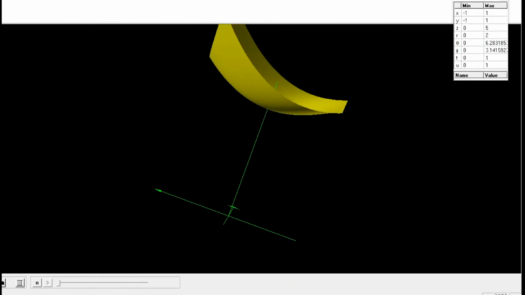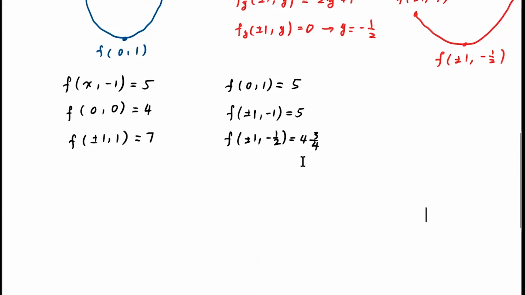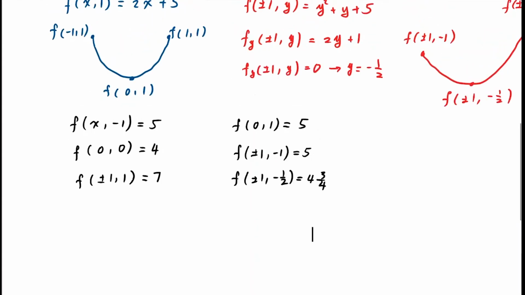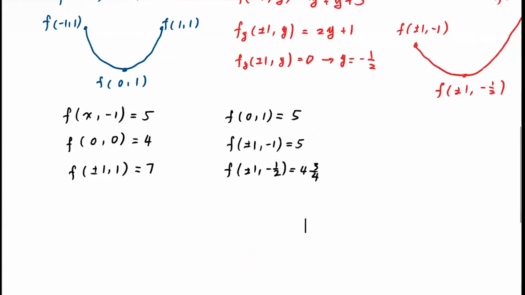You get it? So comparing all of that, now we can see this one is our minimum, and this one is our max. And then everything else is just neither, because we are looking for absolute max and absolute min.